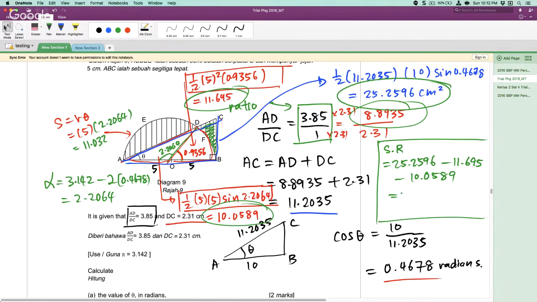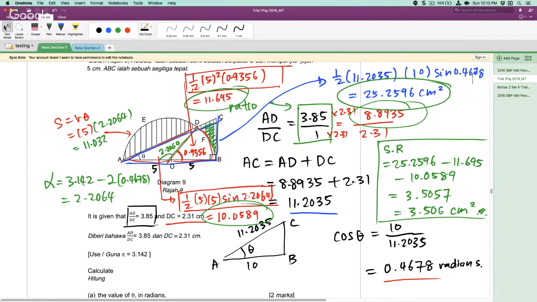I used so many decimals because I hope my answer can be very accurate, but normally I will round off in my final answer. So basically I will get 3.5057, or you can round off to become 3.506 centimeter square.